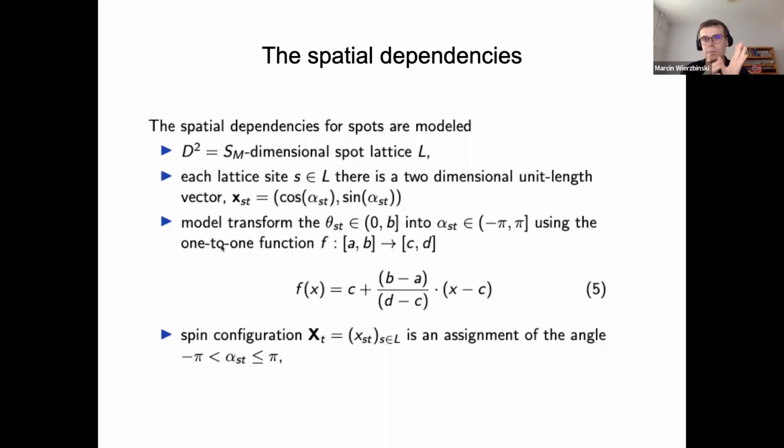So this is a one-to-one mapping. It means that when we have two points, after our mapping we also have two points. Of course we can express this mapping as an equation. And the definition of a spin configuration is an assignment of an angle to each spin, and the angle is between minus pi and pi.